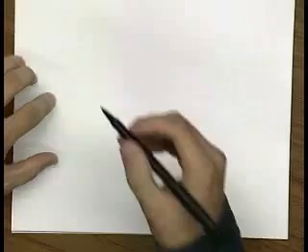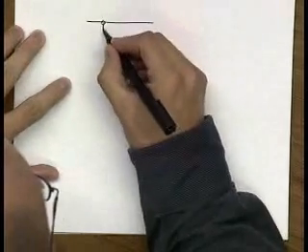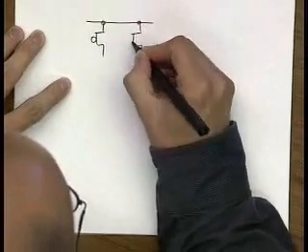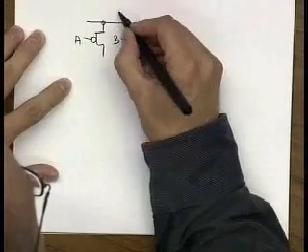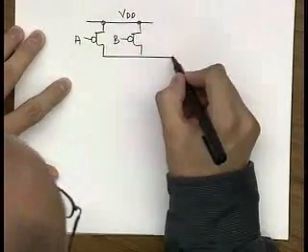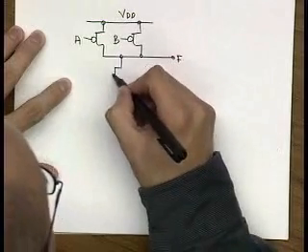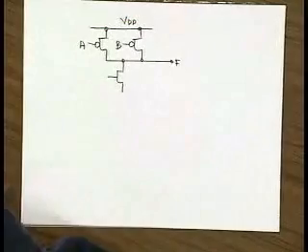So let's now consider a NAND gate again, when we have two pull-up devices, and let's see, I'm going to label them.